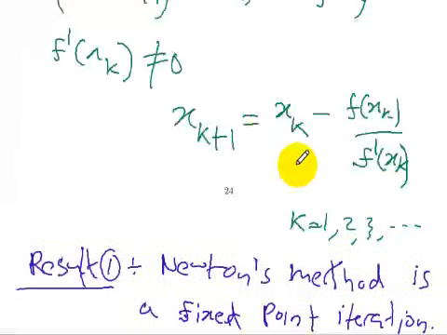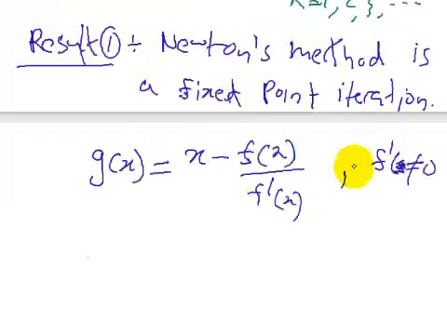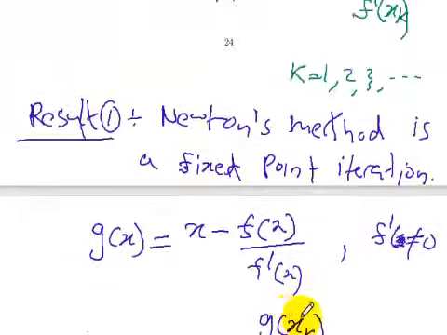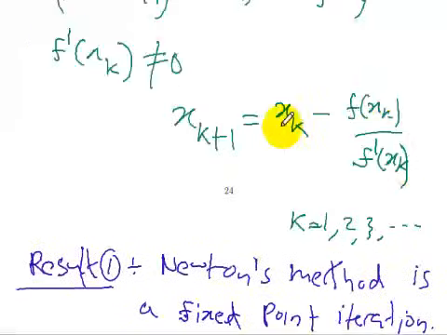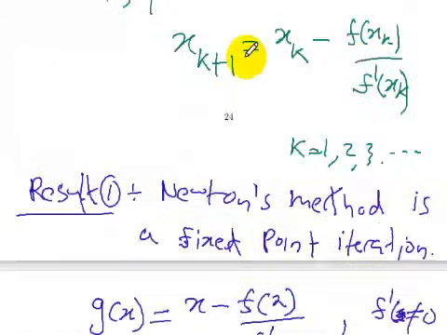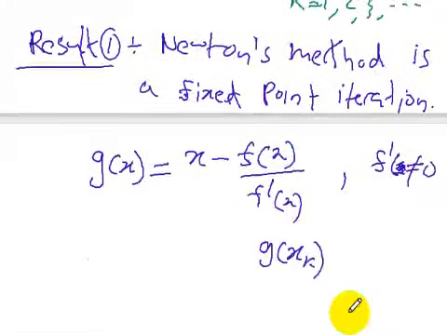Then this is g of x sub k. If you plug this number into g of x, you get the right hand side of Newton's formula, and the left hand side is this.